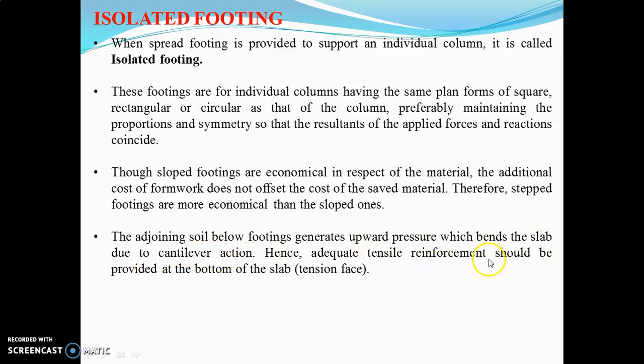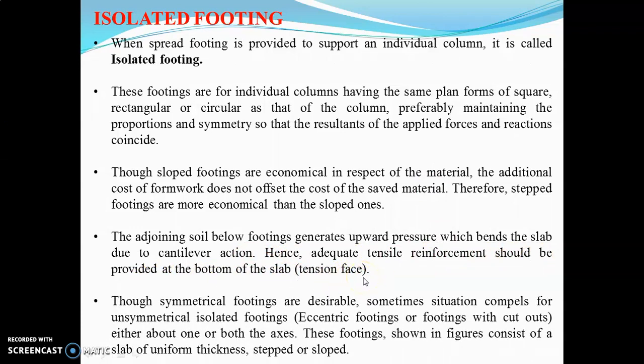Hence, adequate tensile reinforcement should be provided at the bottom of the slab, that is on the tension face. Though symmetrical footings are desirable, sometimes the situation compels unsymmetrical isolated footings, eccentric footings or footings with cutouts, about one or both the axes.